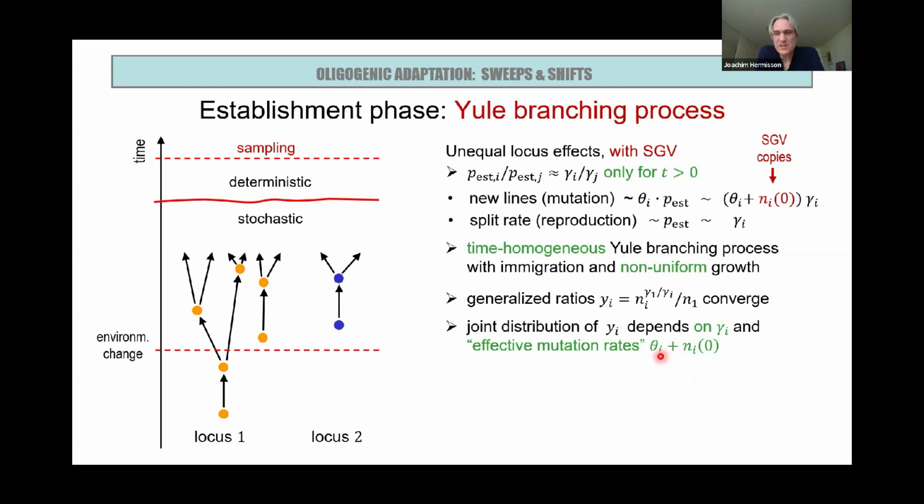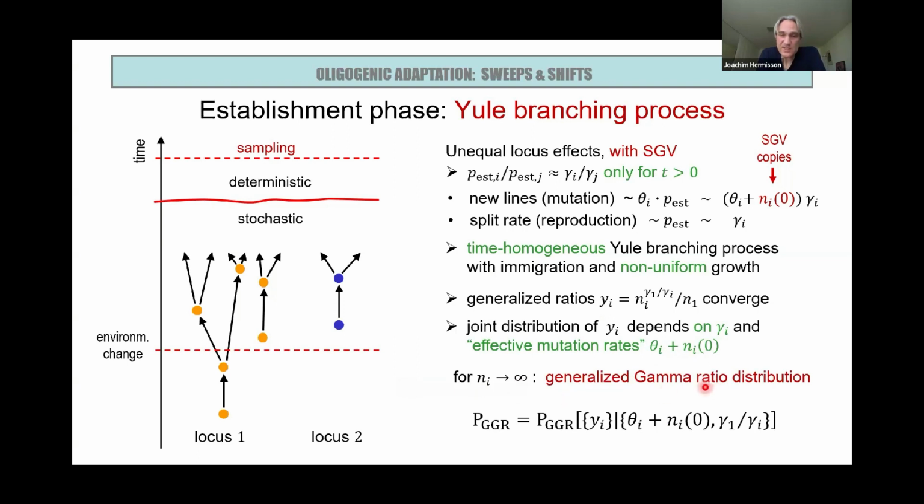If theta_i is typically larger than this N_i(0), then the whole process will be largely driven by new mutation. And if N_i(0) is typically much larger than these theta_i, then without large problems you can even ignore new mutation and only do adaptation from standing genetic variation.